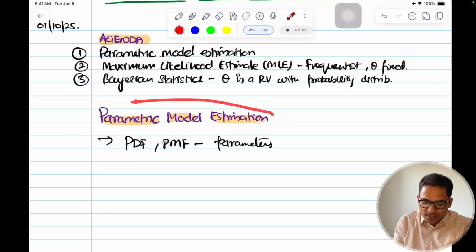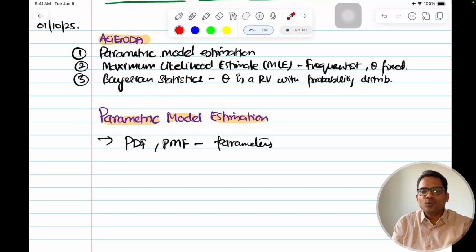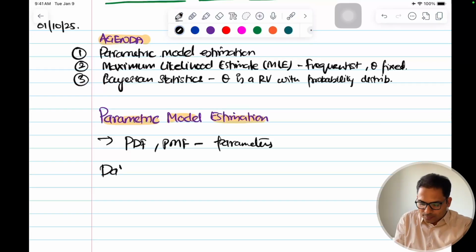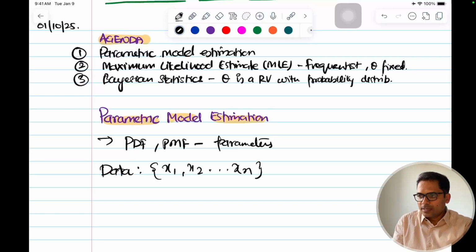So parametric model estimation means we assume that our data, so we have some data, for example x1, x2, xn, is generated IID. IID means independent and identically distributed.